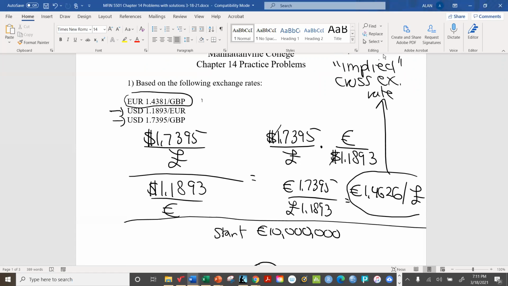So what we're going to end up doing when we go around the circle is make sure that at some point we buy pounds and sell euros. Okay, sell euros to buy pounds.